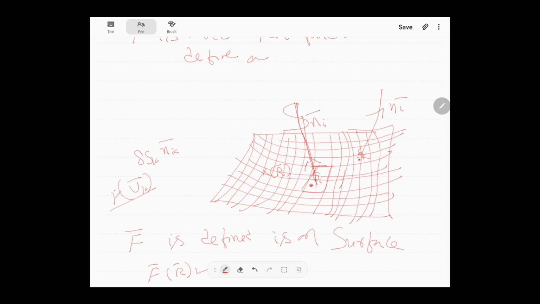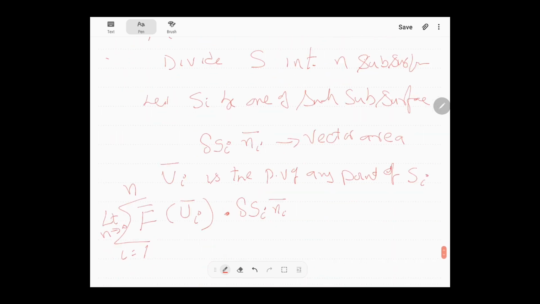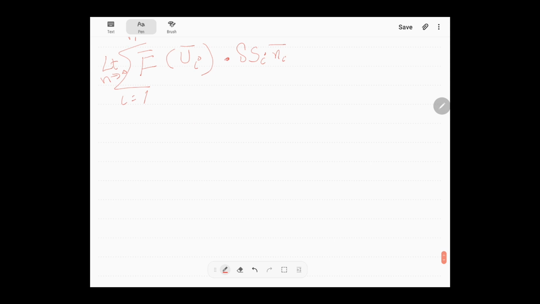The subsurfaces' area will decrease. That means delta Si tends to 0 as n tends to infinity.